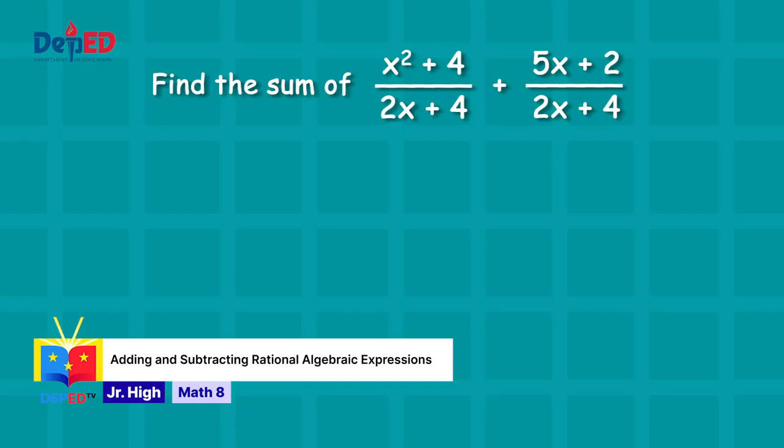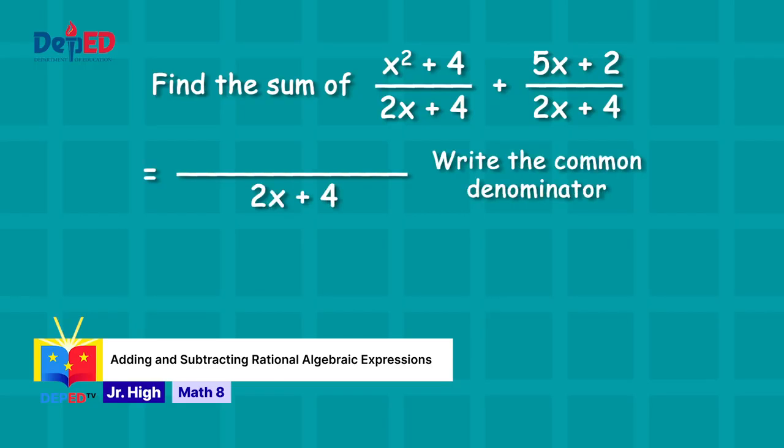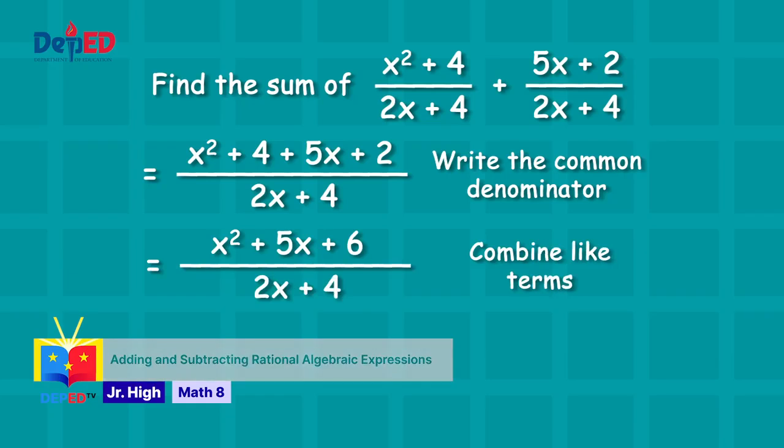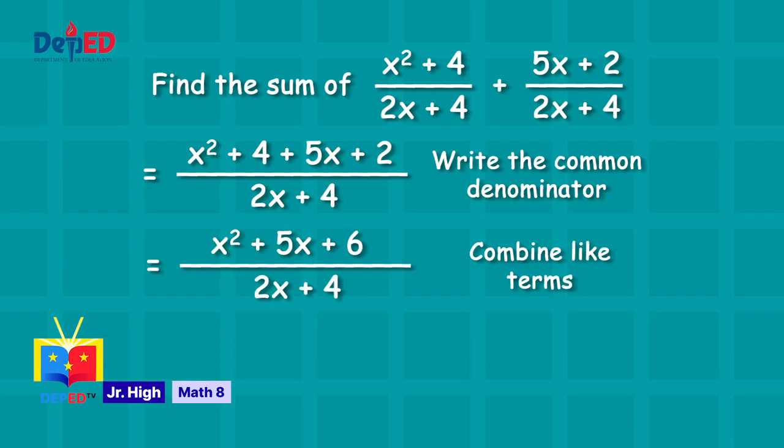Since the expressions are already similar, the common denominator is 2x plus 4. We just rewrite the numerators x squared plus 4 plus 5x plus 2. Then we combine like terms. The numerator will now be x squared plus 5x plus 6.